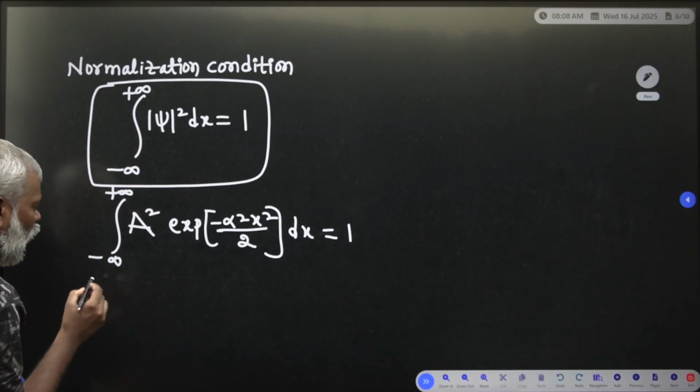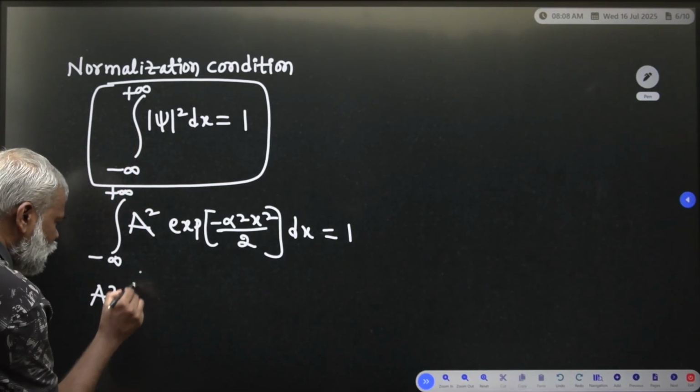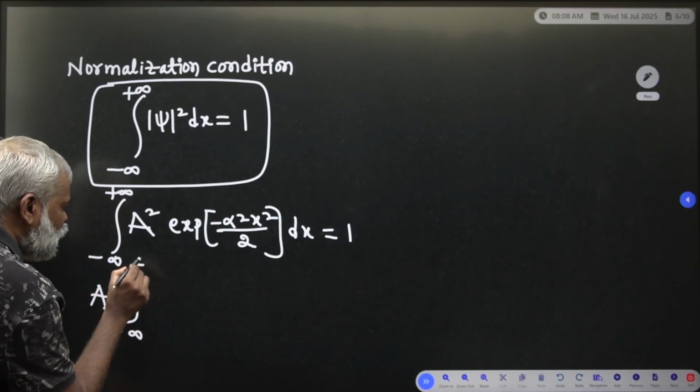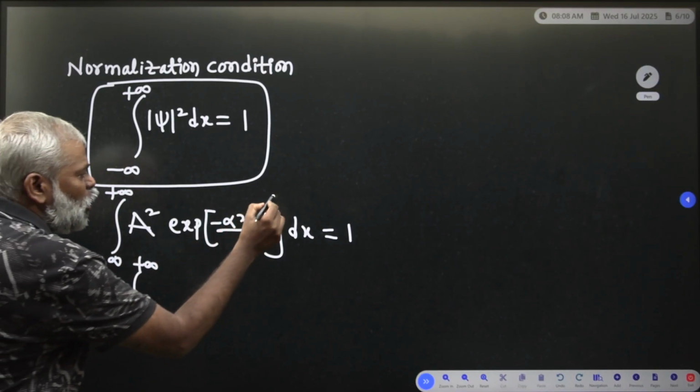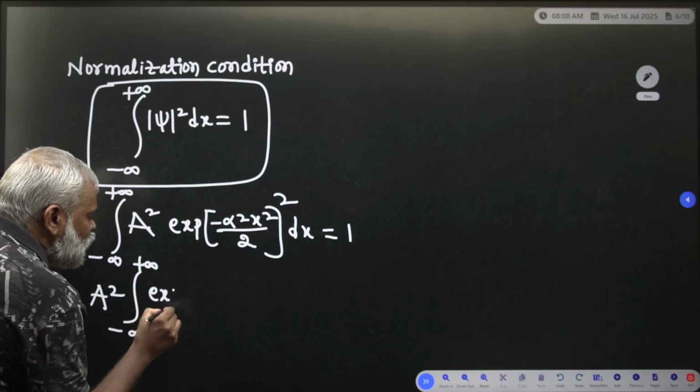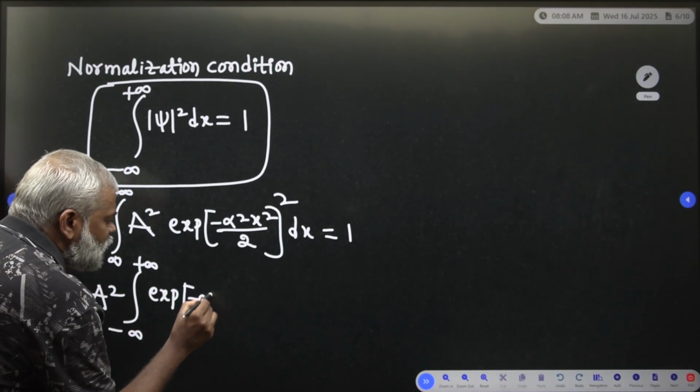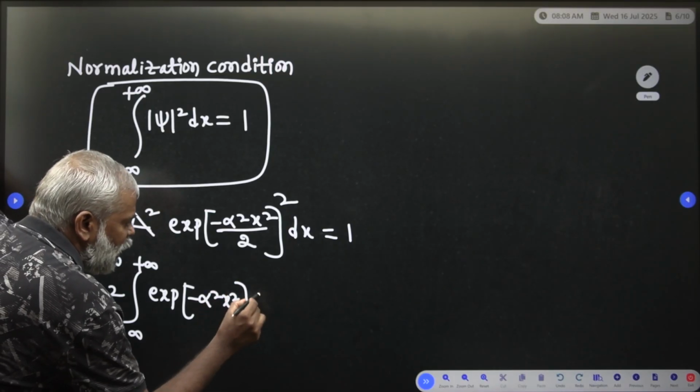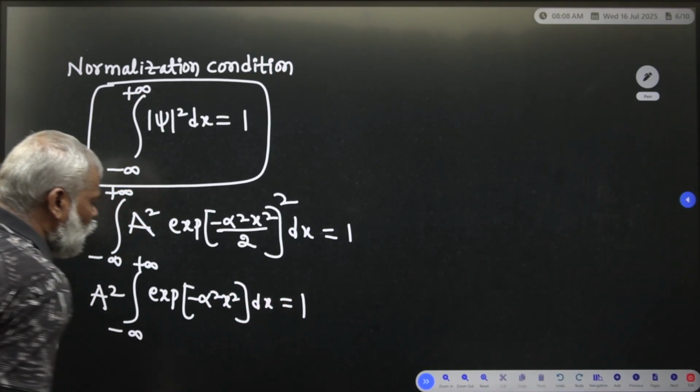This a square you have to take outside. So a square into the integral from minus infinity to plus infinity of exponential of minus alpha square x square into dx is equal to 1.